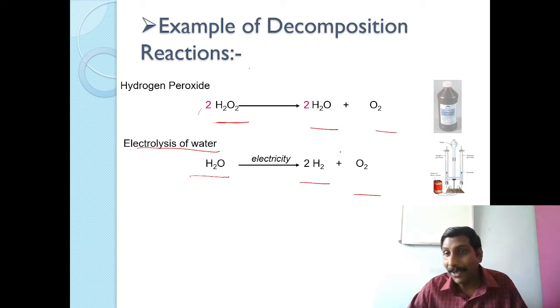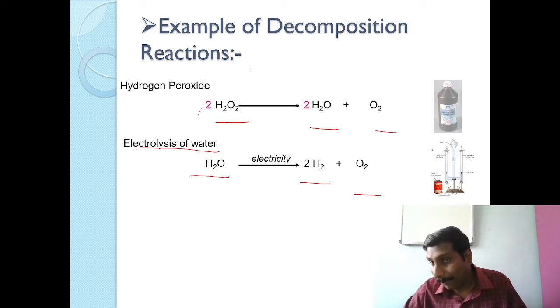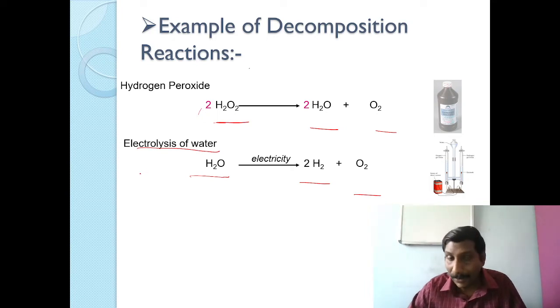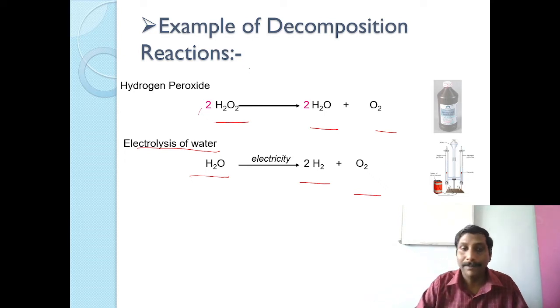Here, it is carried out with the help of electricity, and there are two electrodes: the negative electrode is called the cathode and the positive electrode is called the anode. The hydrogen gas will be liberated at the cathode and the oxygen will be liberated at the anode. That is called electrolysis of water. While we carry out electrolysis of water, the water molecule undergoes decomposition to generate hydrogen as well as oxygen.